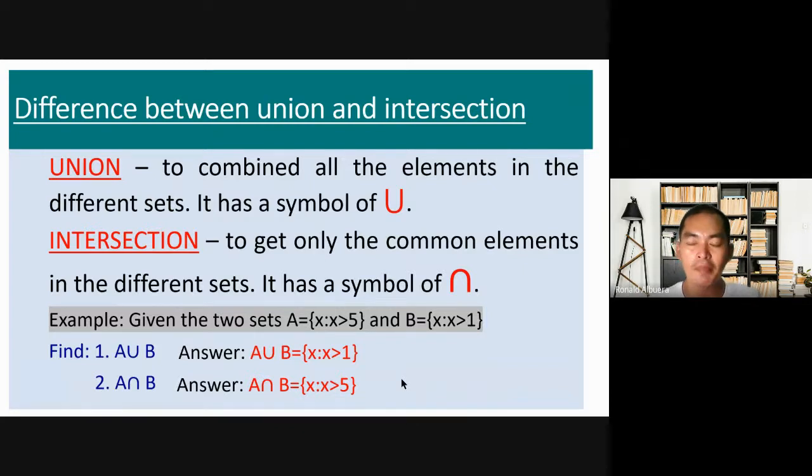Pag sinabing roster method or by enumeration, you are going to enumerate or to list down all the elements. Okay? Sometimes we use the ellipsis, yung tatlong dot sa hulihan, na ang ibig sabihin ay meron pang ibang solution or meron pang ibang elements.